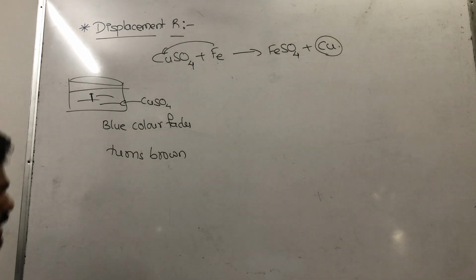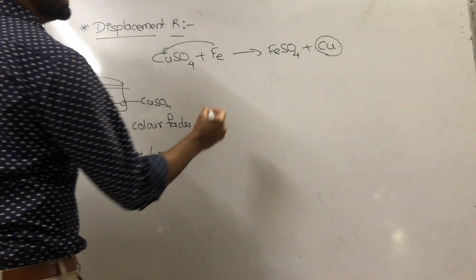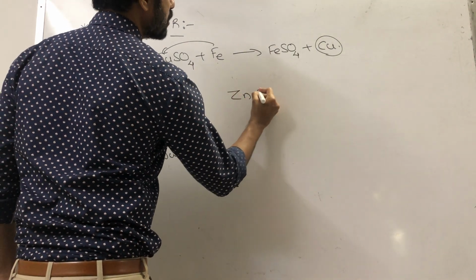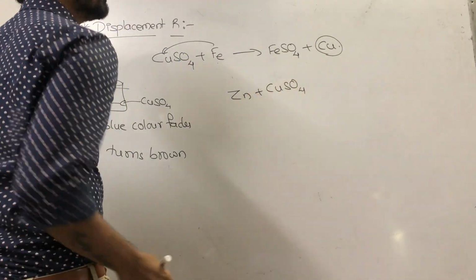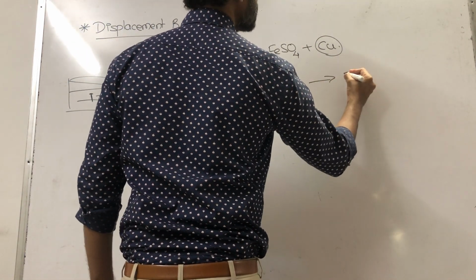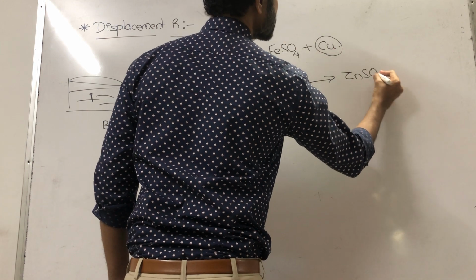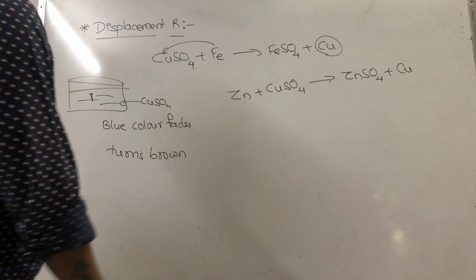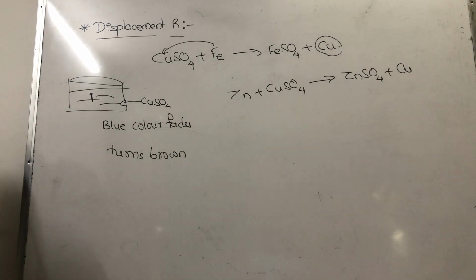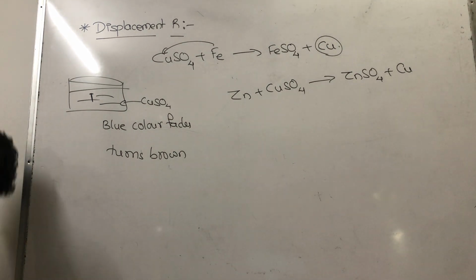Let's look at few more examples of displacement reaction. The reaction of zinc with copper sulfate. A similar example. Zinc being more active than copper. So what zinc does is zinc displaces copper from copper sulfate. So this also is an example of your displacement reaction.